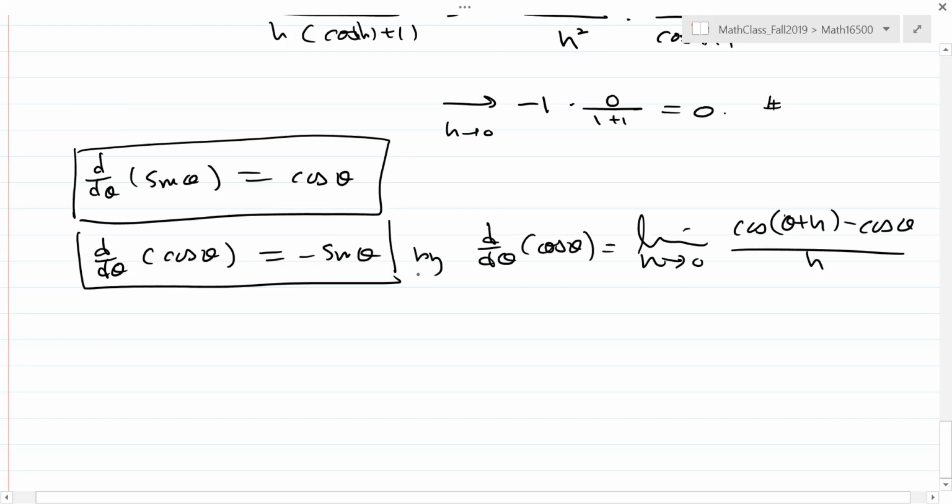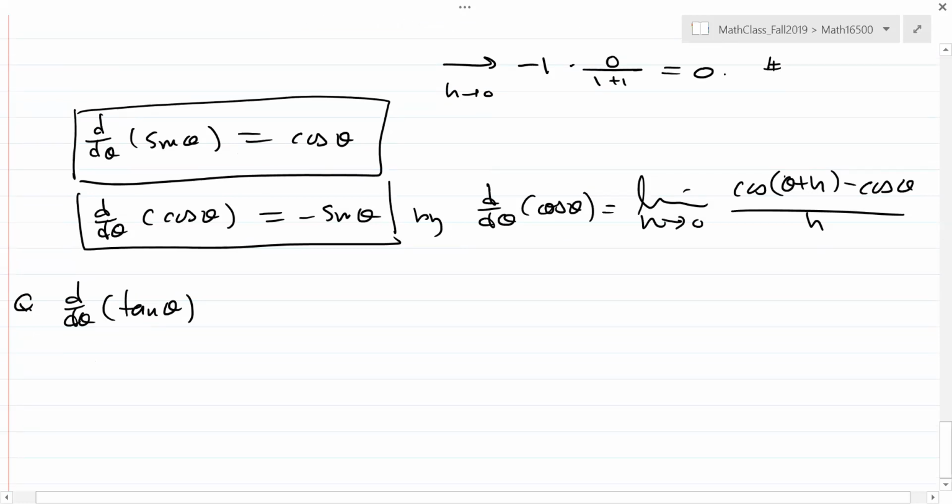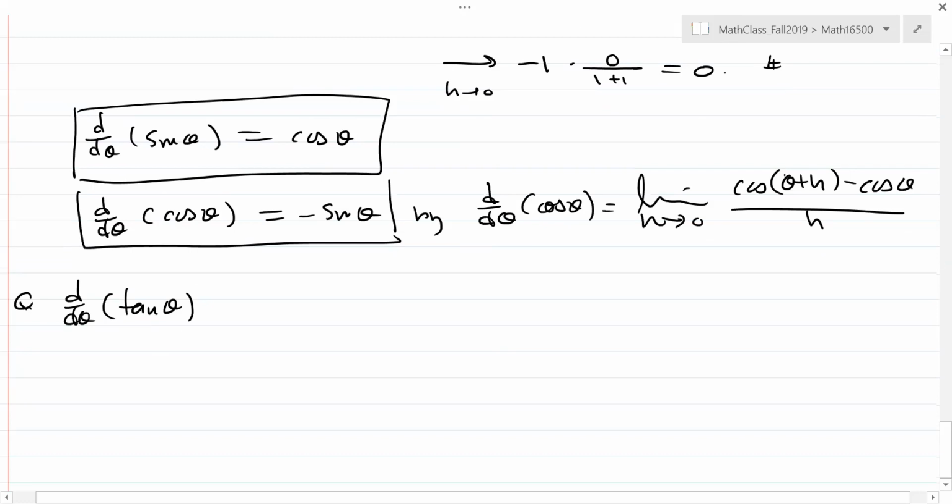How about the derivative of tangent theta? If you want to find the derivative of tangent theta, you don't need to use a limit definition. What you have to do is just use the quotient rule, okay? Because tangent theta is not a new function. For some reason we want to give it a new name, but essentially it's just sine theta over cosine theta.